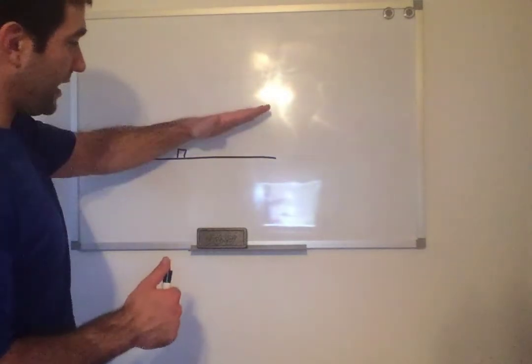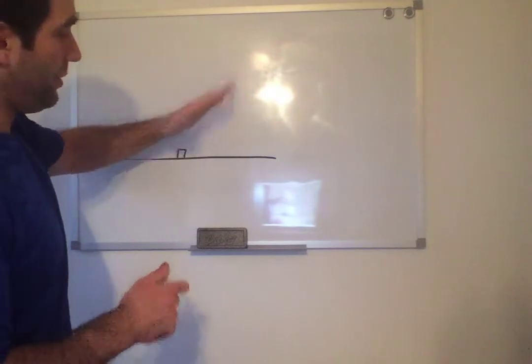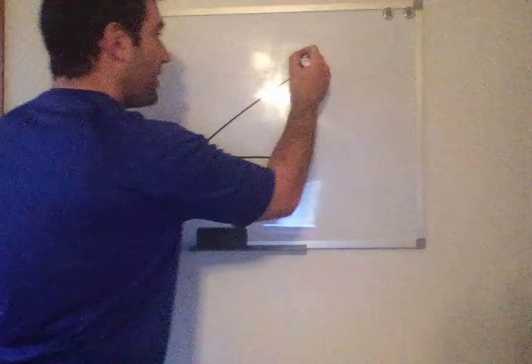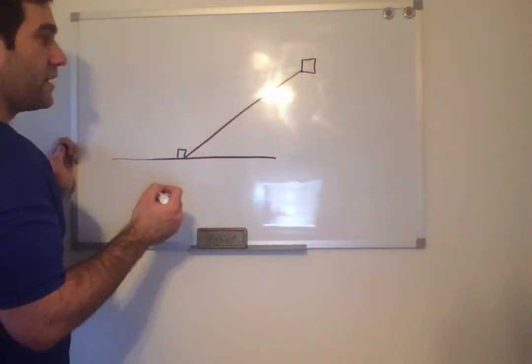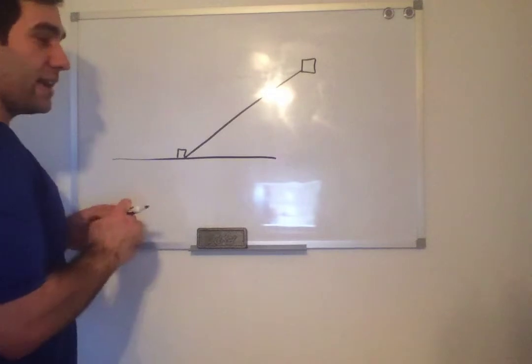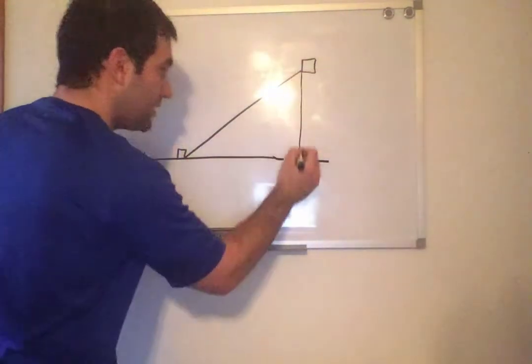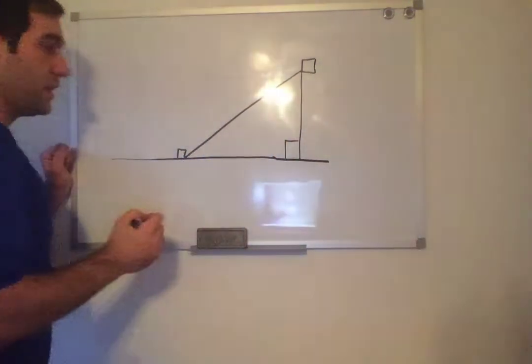So the angle of elevation is from the ground level looking up, means the plane's somewhere right here. You can already see what kind of shape we're going to use here. If I extend this further and drop this down, we've got a right triangle.